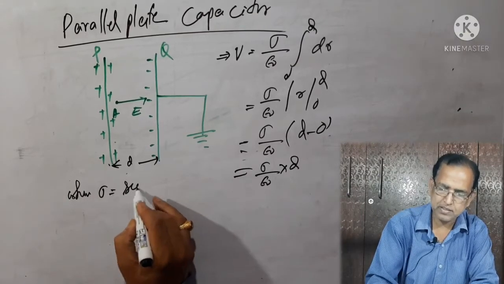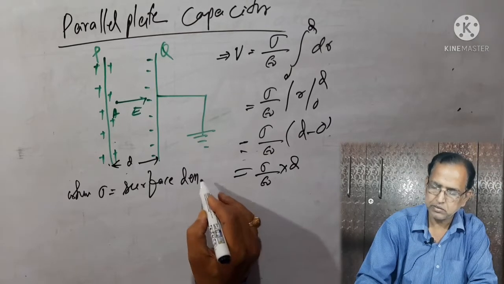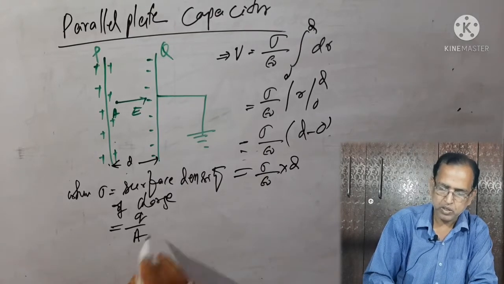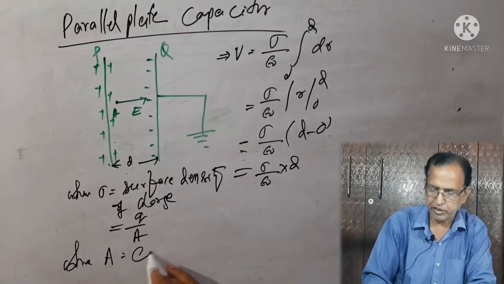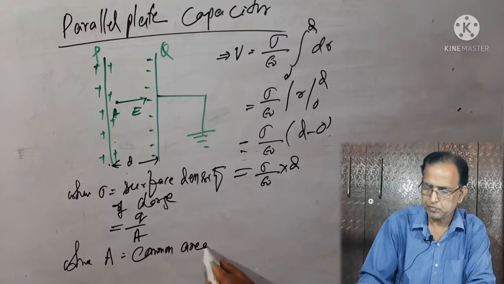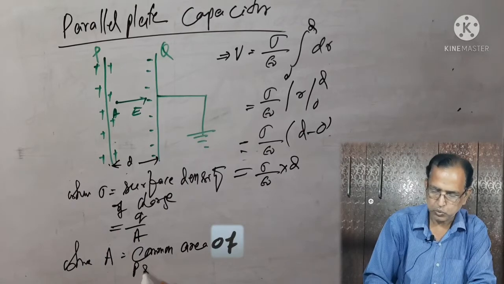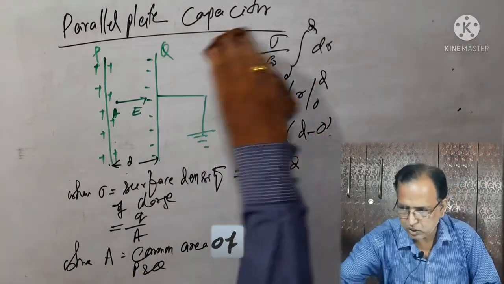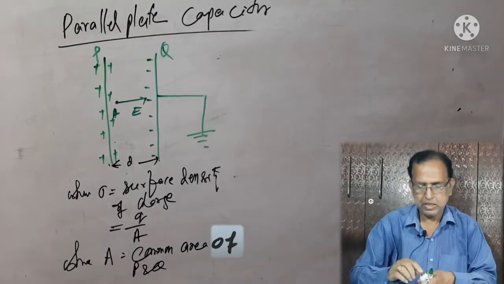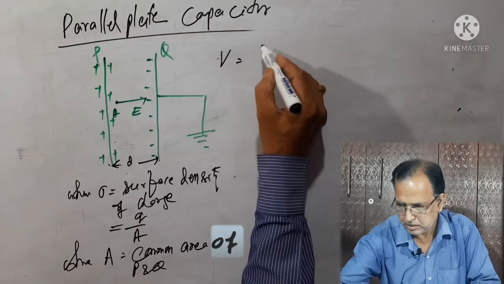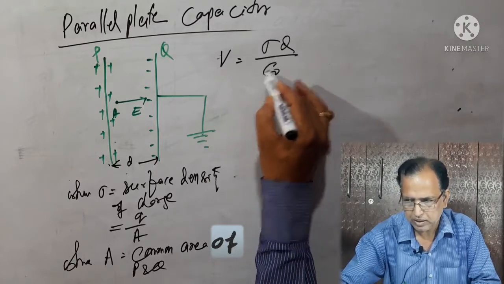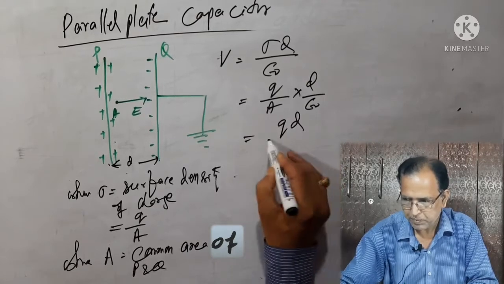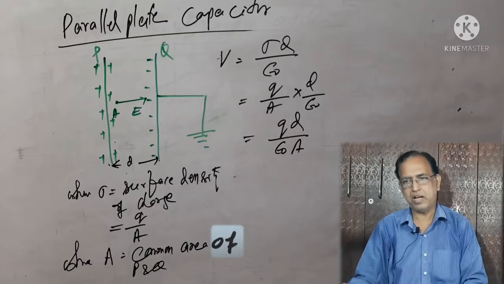Sigma is the surface density of charge, that is equal to Q by A, where A is the common area of the two plates P and Q. So V is equal to sigma d by epsilon 0, that means Q by A into d by epsilon 0, that is Q d by epsilon 0 A. That is V, the net potential difference.